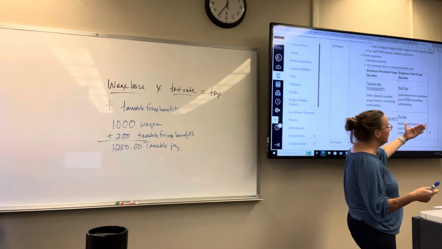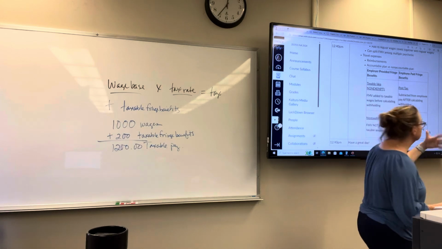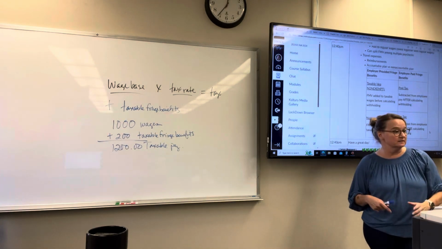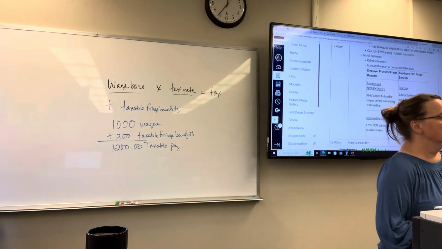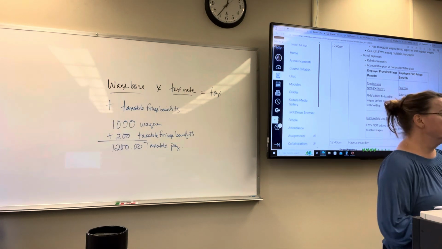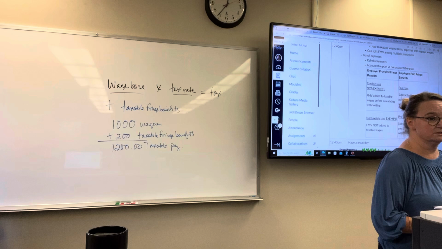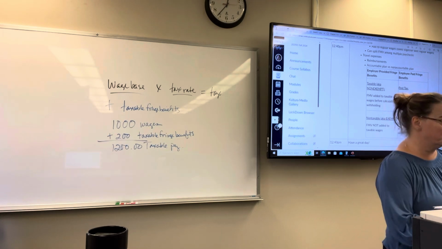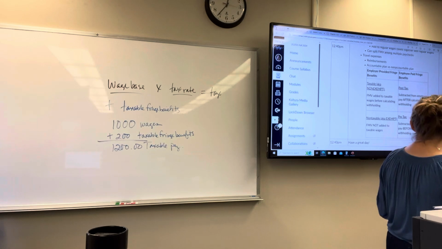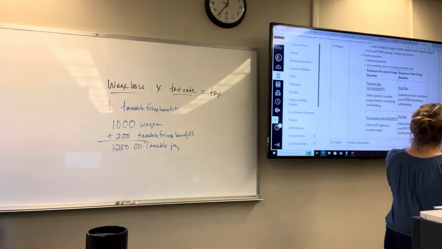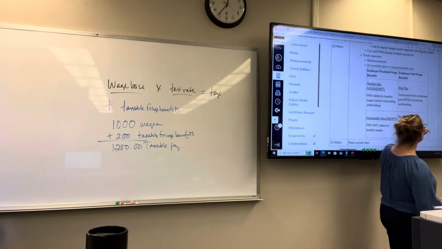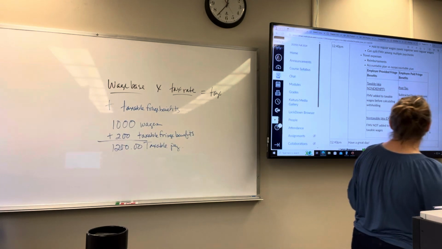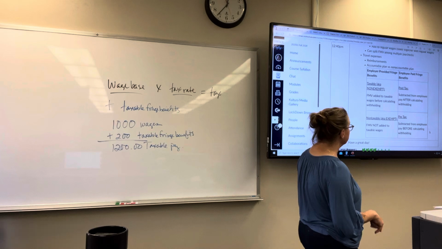We have another category, which we are going to go into a little bit more as well. These are employee paid benefits, things like health insurance, like if your employer provides you with health insurance and you have to pay all or part of it and it's withheld from your paycheck. There are two different categories of those: post-tax and pre-tax types of employee paid fringe benefits.